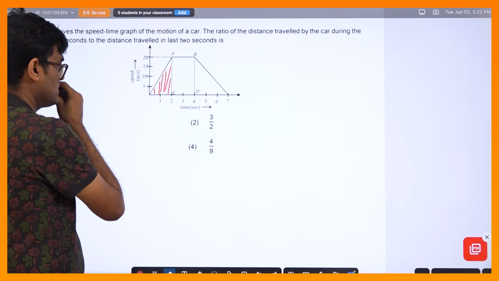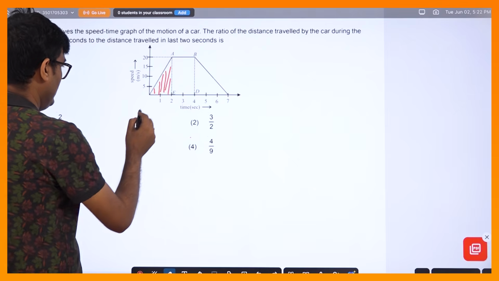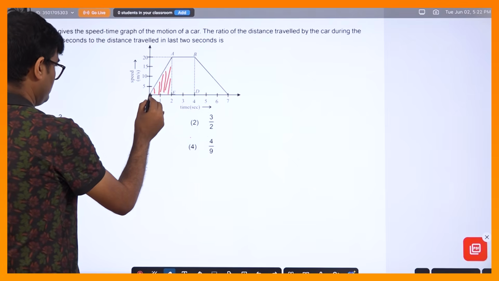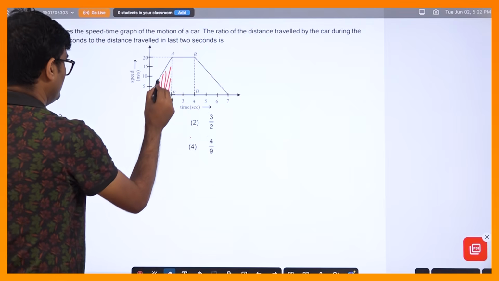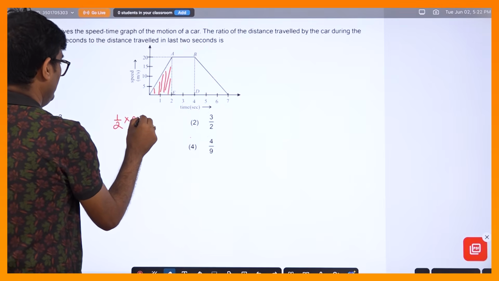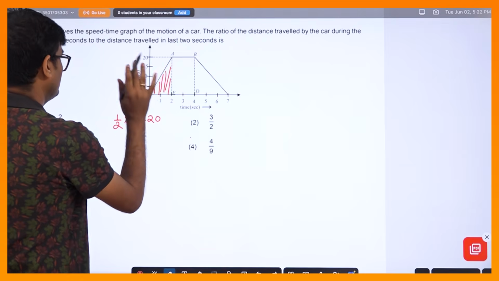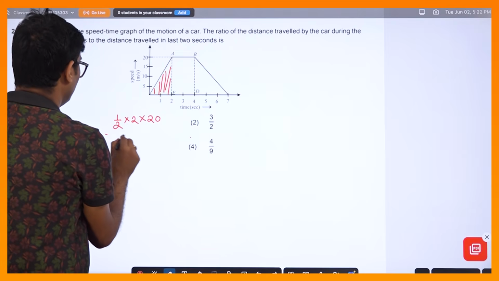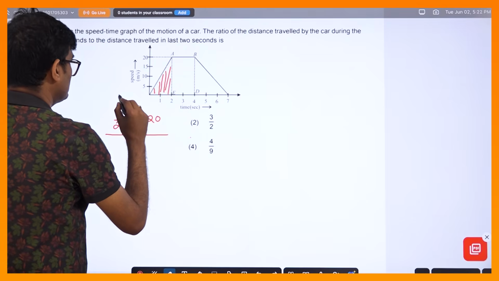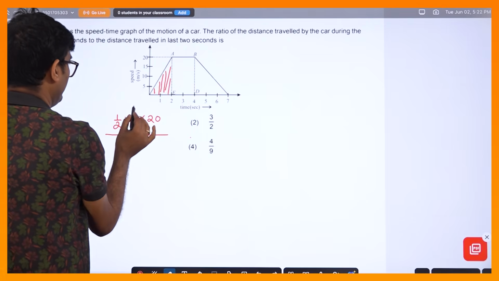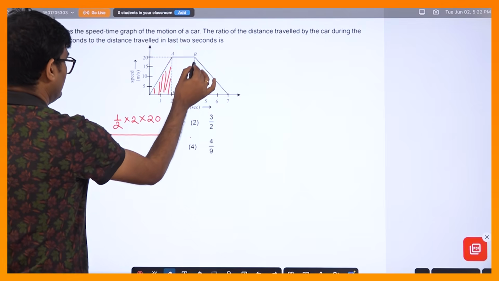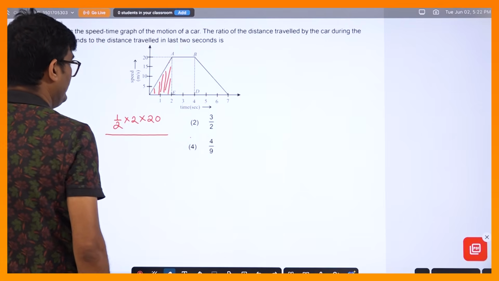This area is half into 2 into 20, that is 20 meter in the first 2 seconds. For the last 2 seconds, the slope is different. In the first 2 seconds the slope is 20 by 2, and this is 20 by 4.